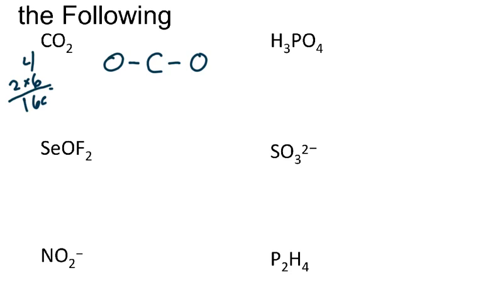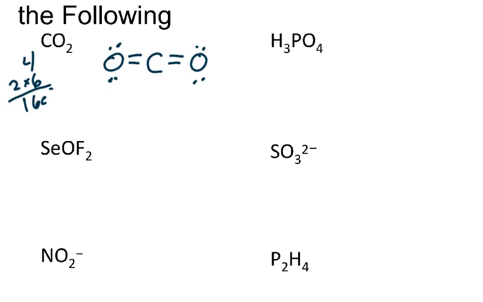In order for carbon to get an octet, it needs to form 4 bonds. So if I draw in double bonds for my carbon, then I don't have to put in lone pairs there. Then I can fill in my lone pairs on my oxygens and count everything up. 1, 2, 3, 4, 5, 6, 7, 8, 9, 10, 11, 12, 13, 14, 15, 16.